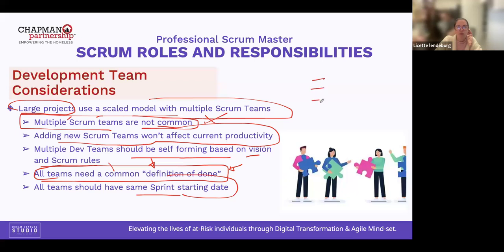If you have multiple Scrum teams, they need to start the sprint the same day, all of them. 4 teams, team 1, team 2, 3, and 4, they need to start the sprint and finish the sprint the same day. They need to synchronize. Synchronization between teams, that is important.